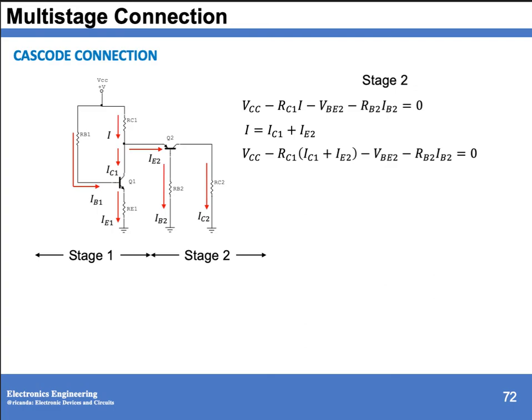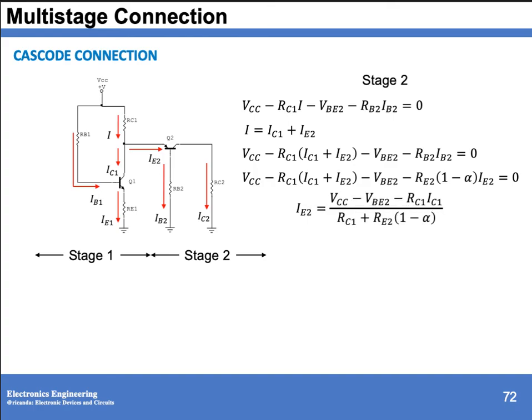But we have to express IB2 in terms of IE2, which is 1 minus alpha IE2. So solving for IE2, we have VCC minus voltage base 2 minus RC1 IC1, with IC1 known already from the previous slide, all over RC1 plus RE2 times 1 minus alpha. Then IB2 is 1 minus alpha IE2, and IC2 is alpha IE2.